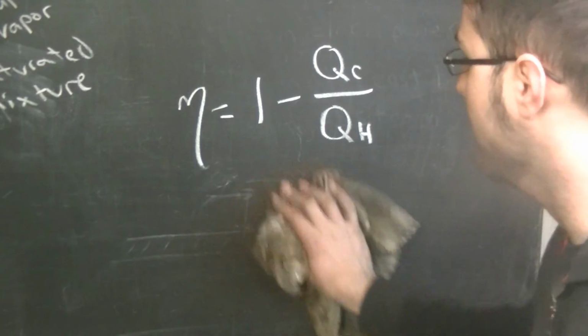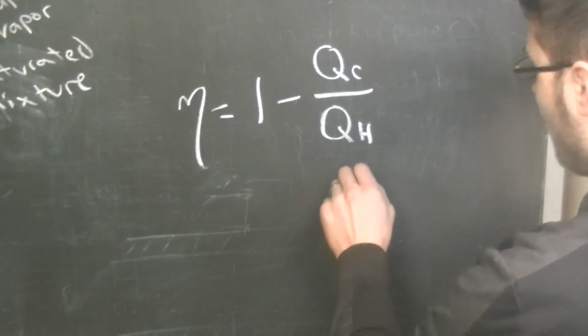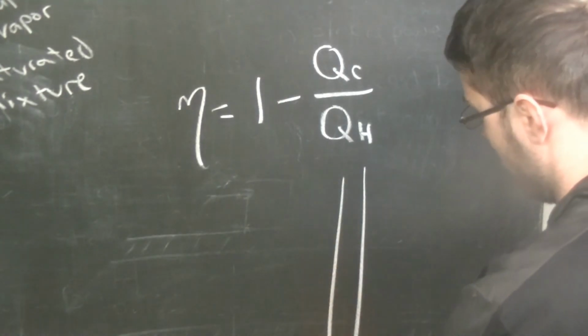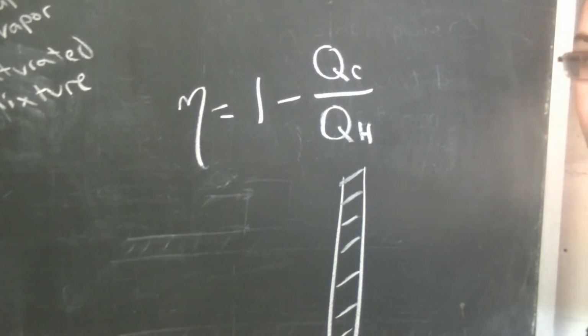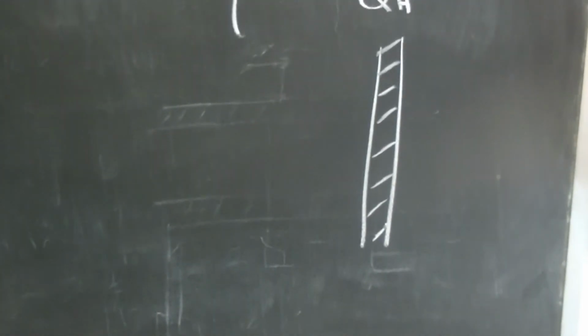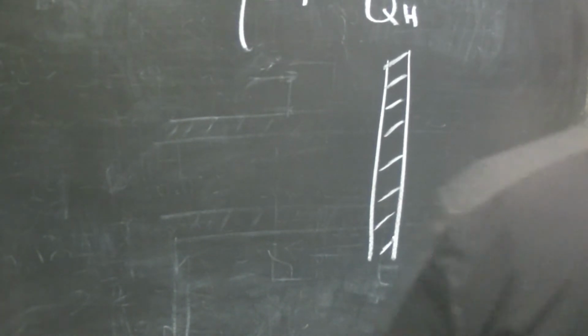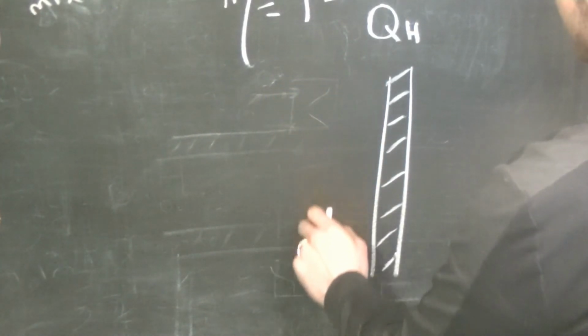Now why is that? Well, imagine you have, say, a wall. Here's the wall, and this can be any wall, the wall of a pipe, the wall of a steam engine. Let me move that down so you can see better. So you have this wall, and say you have superheated steam on this side.